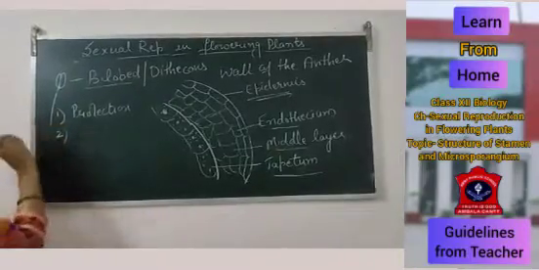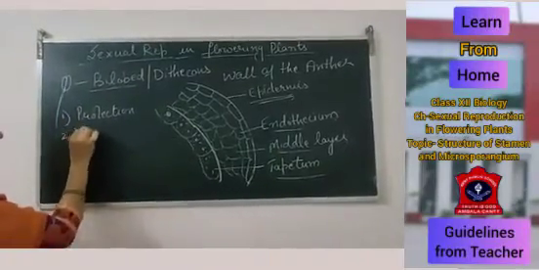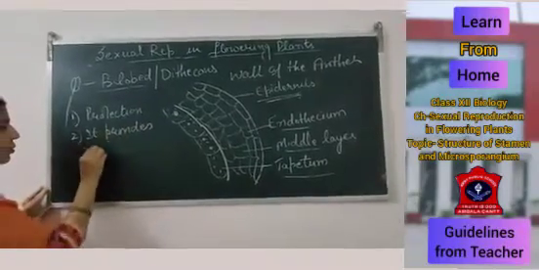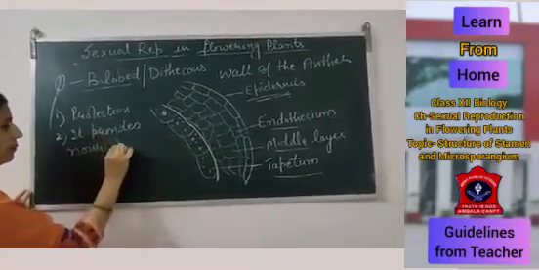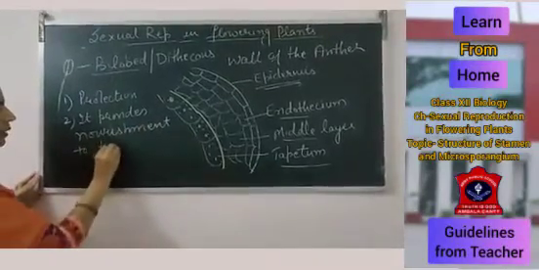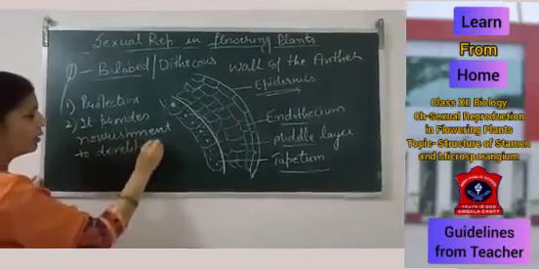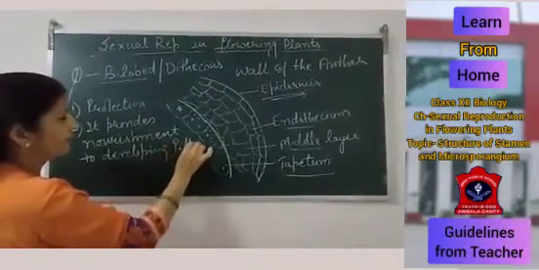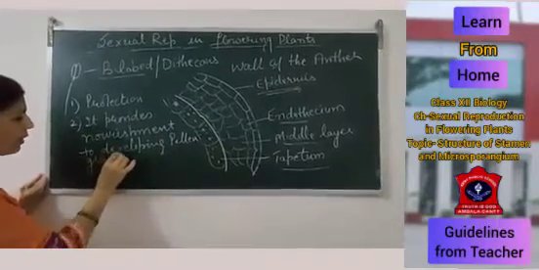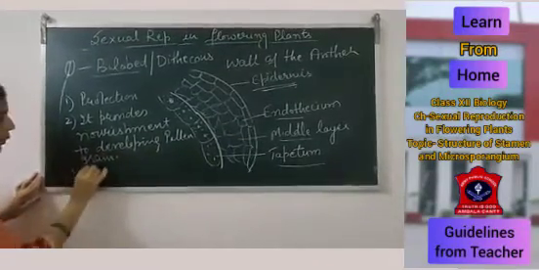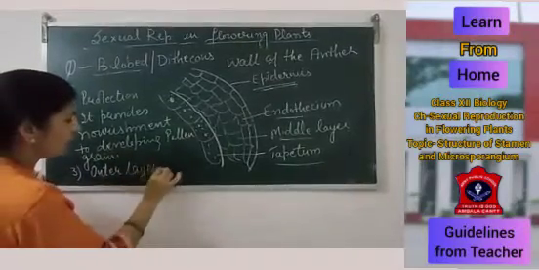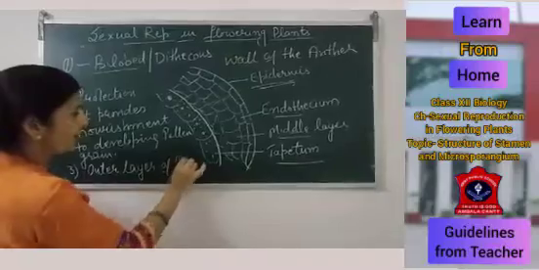Number 2, it provides nourishment to the developing pollen grains. It is also helpful in the formation of the outer layer of the pollen grain. We'll study the outer layer of pollen grain later on.